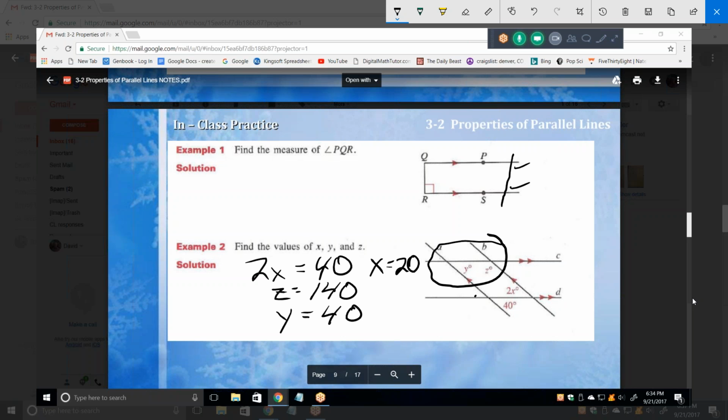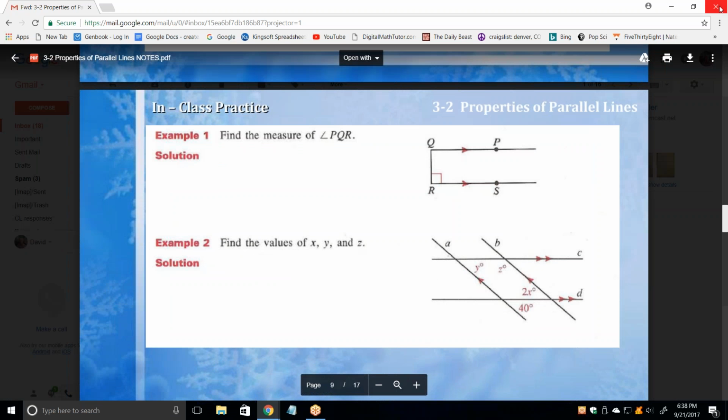Originally, I was looking at this set of parallel lines. When they throw a bunch of parallel lines at you with a bunch of transversals, it just generally is a little confusing. Problems that have just two parallel lines and one transversal are really easy. It's when they throw in extra ones that they tend to be harder.